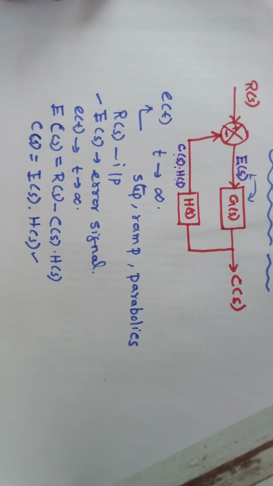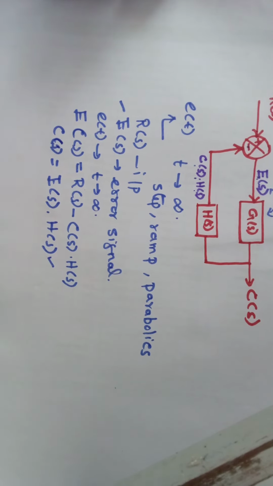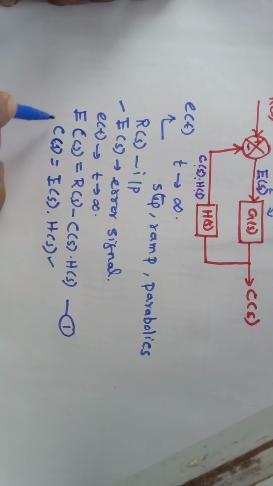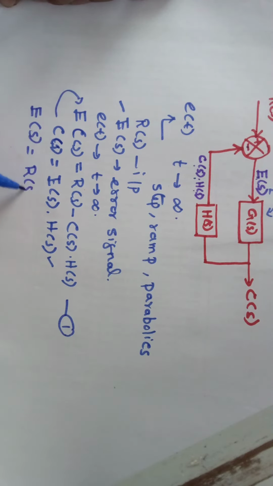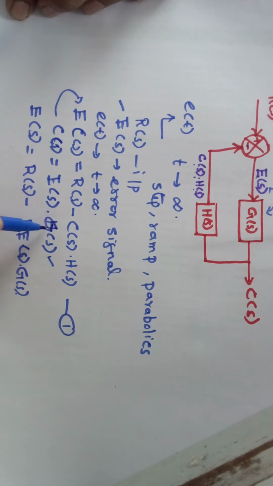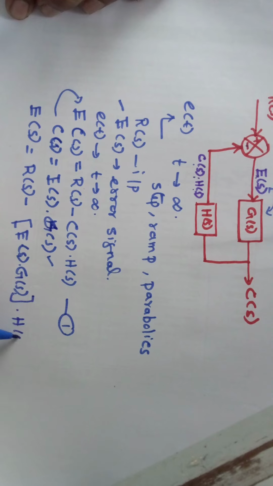Now you can number this equation 1. If you substitute this value of C(s) in this equation, you will get E(s) equal to R(s) minus E(s) G(s) H(s).